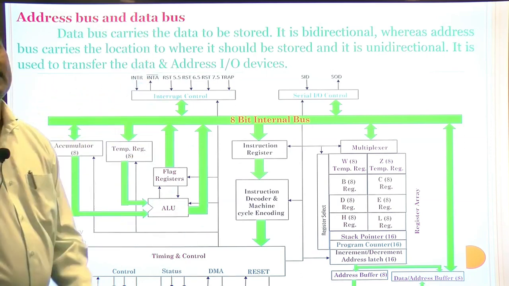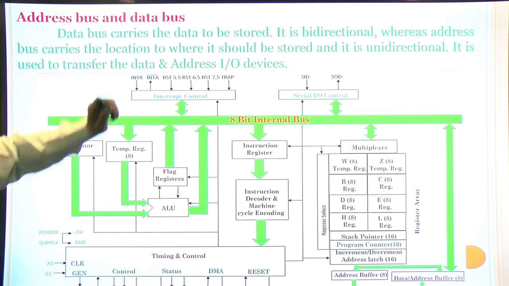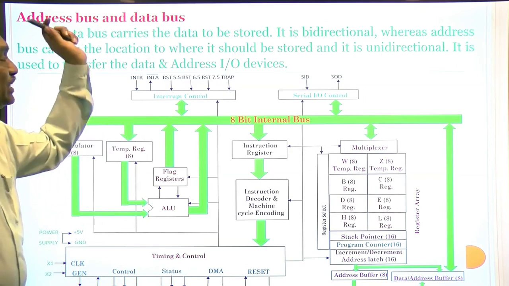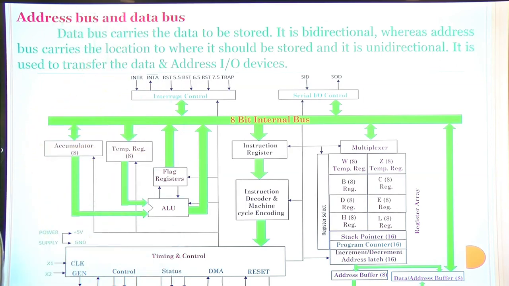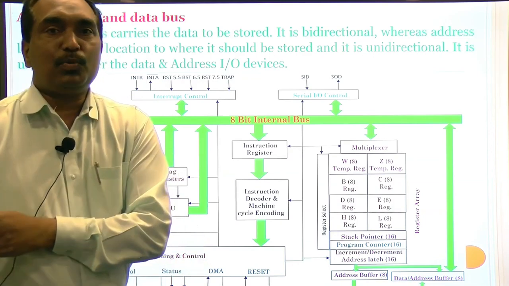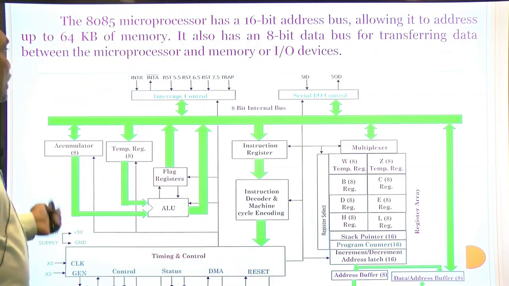The data bus carries the data to be stored, and it is bidirectional. The address bus carries the location where it should be stored, and it is unidirectional. The data transfer can occur from input devices to output devices or output devices to input devices. That is about the address bus and the data bus.